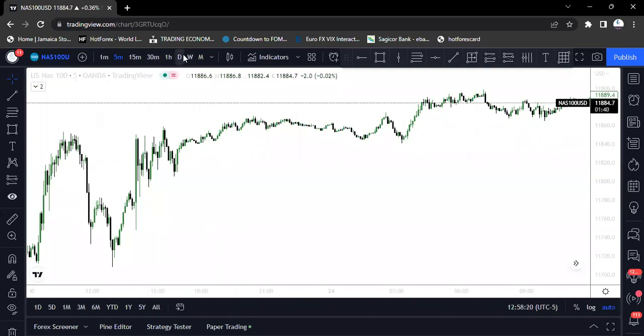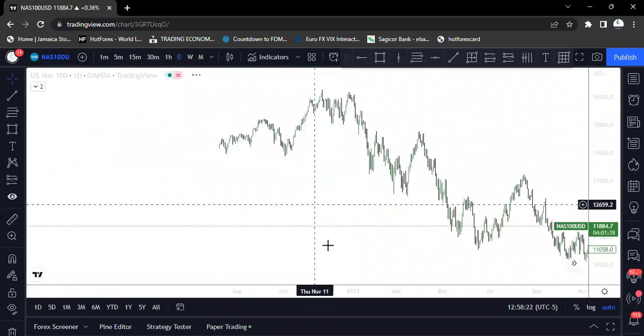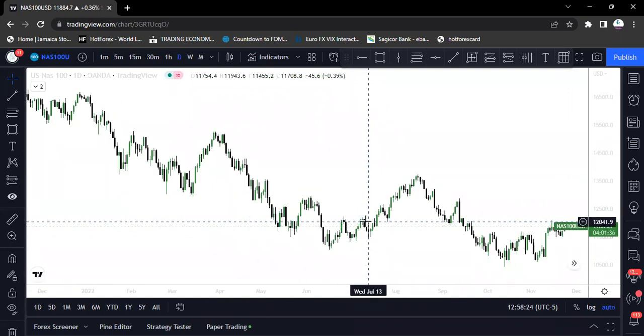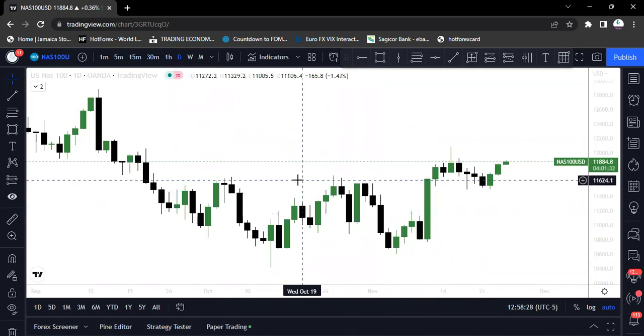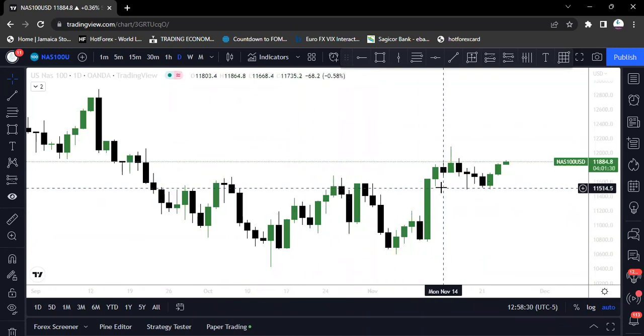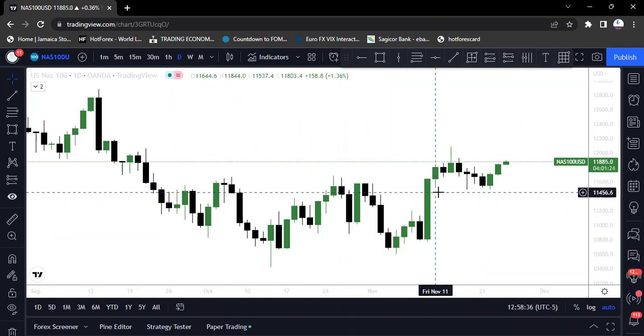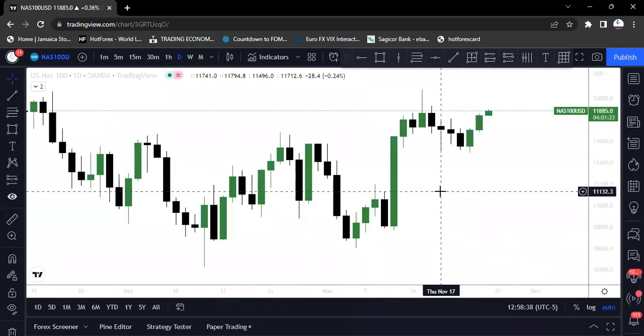So let's say we're looking at the daily chart, and we know that the order flow is bullish. Most persons would always, for some reason, be looking at previous days highs and lows every single time.